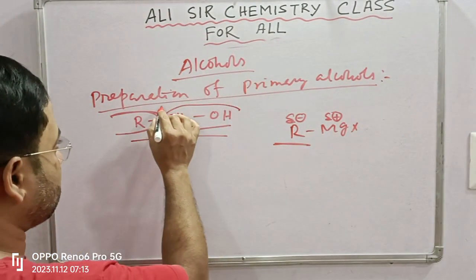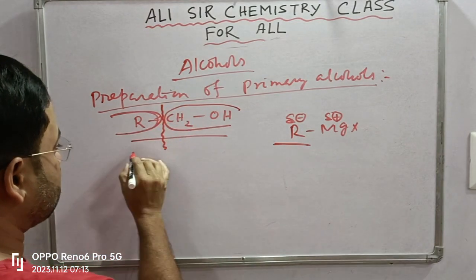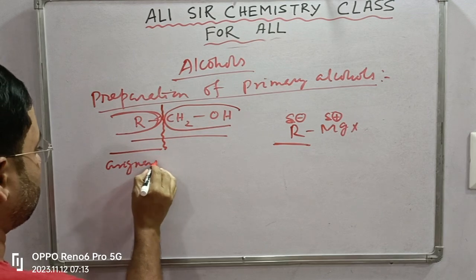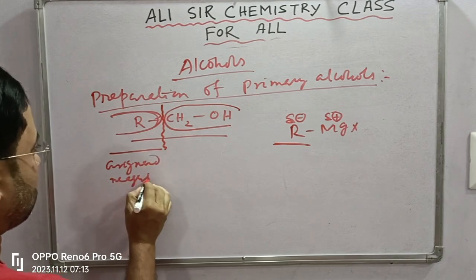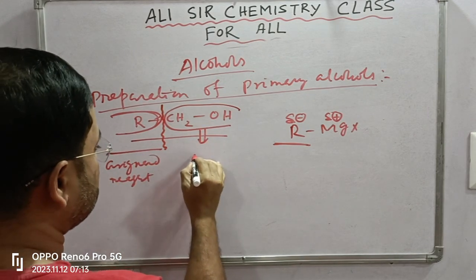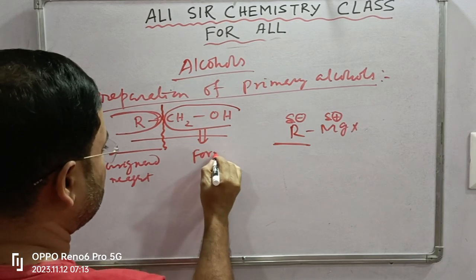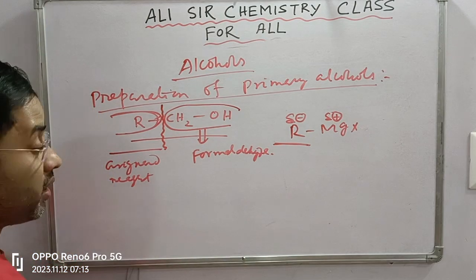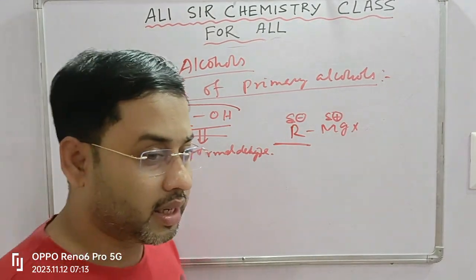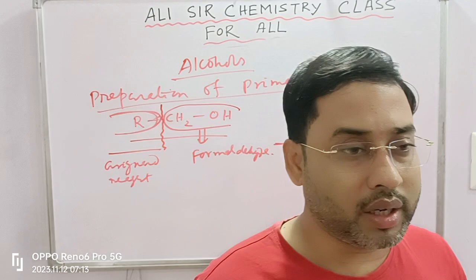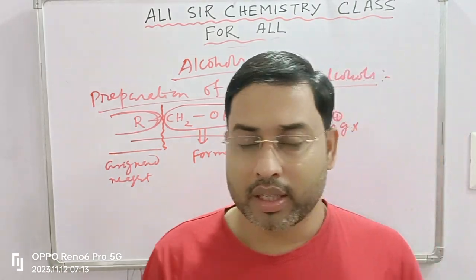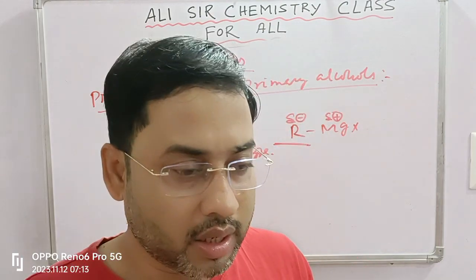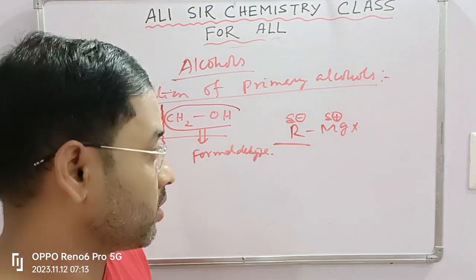So if you break this primary alcohol into two parts, this part is coming from the Grignard reagent, and this part is coming from formaldehyde. Here the Grignard reagent is acting as a nucleophile, not as a base, and the reaction proceeds as a nucleophilic addition reaction.